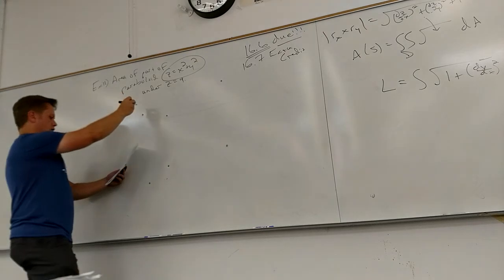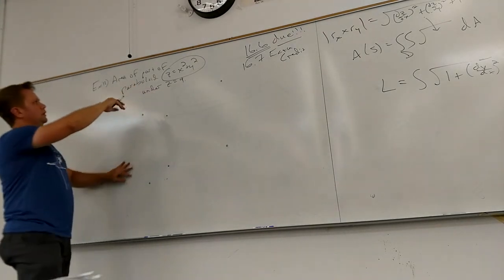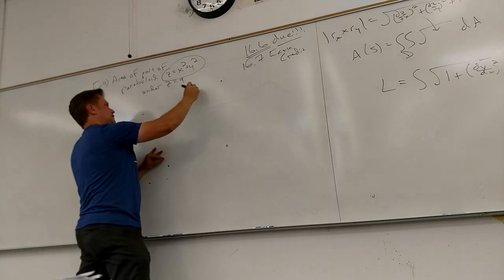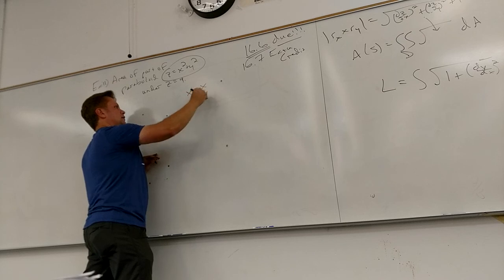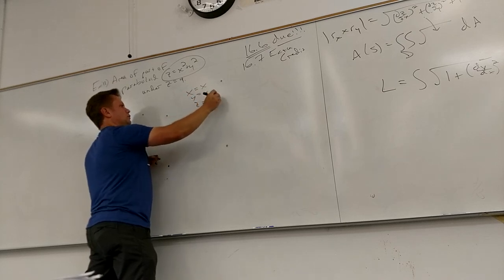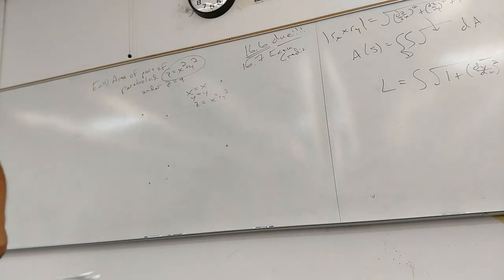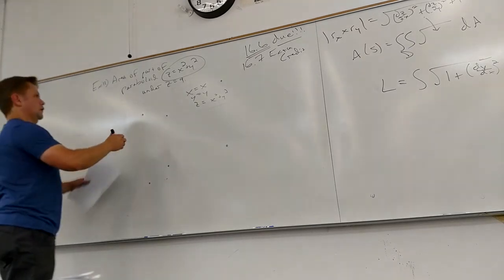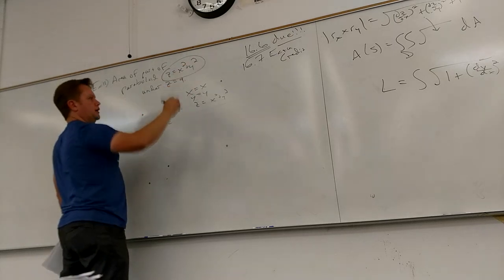So then, x is x, y is y, z is x squared plus y squared. So the area is going to be the integral.